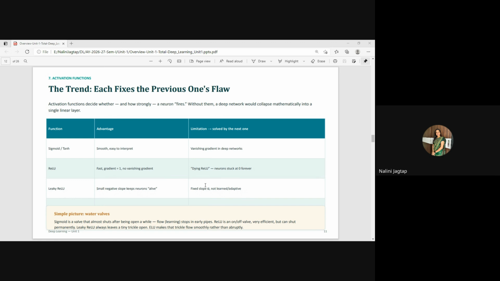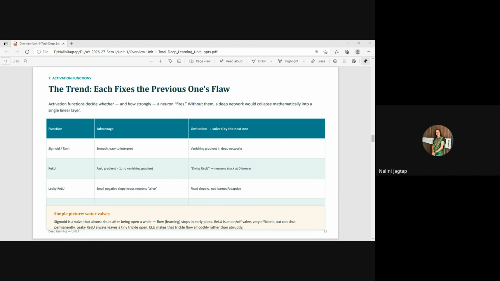Now it is fixed, but manually choosing the slope remained the limitation in this case. And so finally we have ELU, which was introduced to smooth over that remaining rough edge at the cost of slightly higher computation.